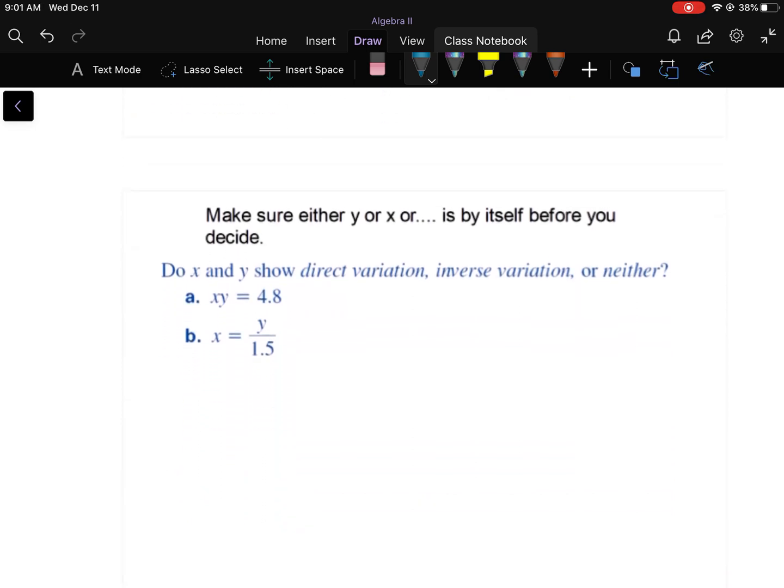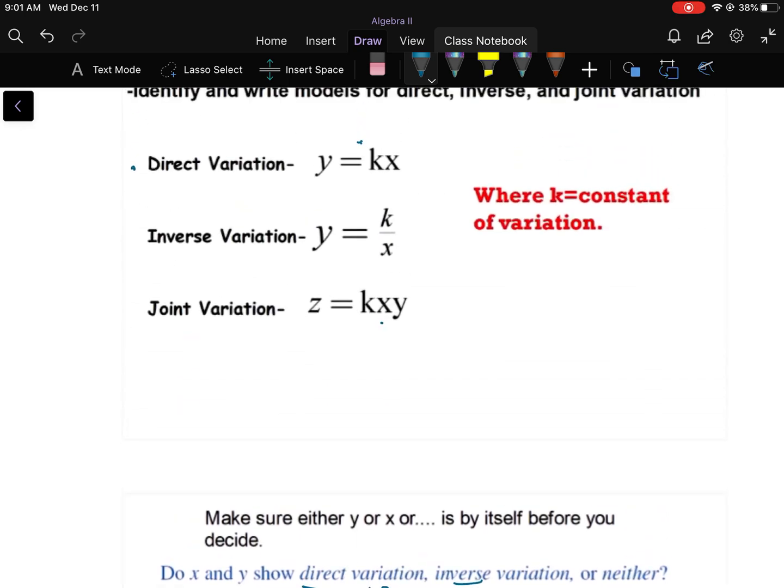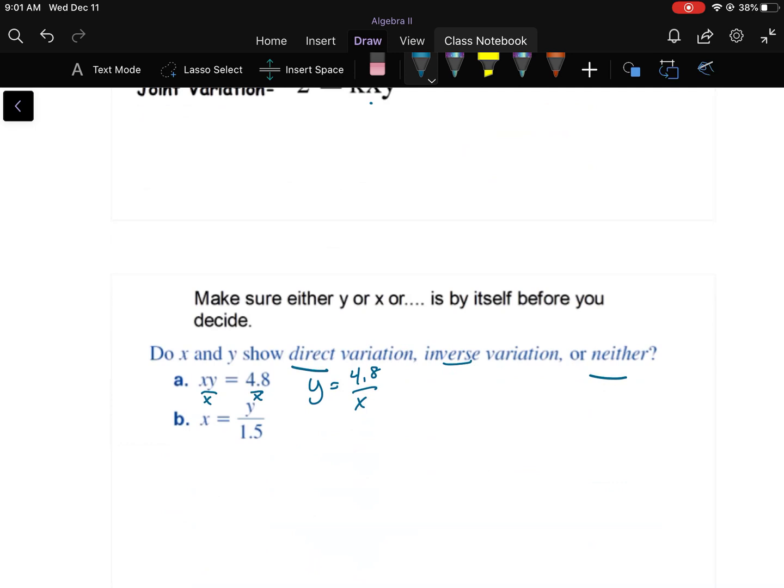In order to identify whether it's joint, direct, or inverse variation, in fact, we're even taking joint out of this one. It's just all about, is it direct variation or inverse or none at all, is to make sure that you have y or x by itself. I go with y, so I'm going to divide by x here, and y equals 4.8 over x. I'm going to go back up to here, and that's some number divided by x, so that is inverse.